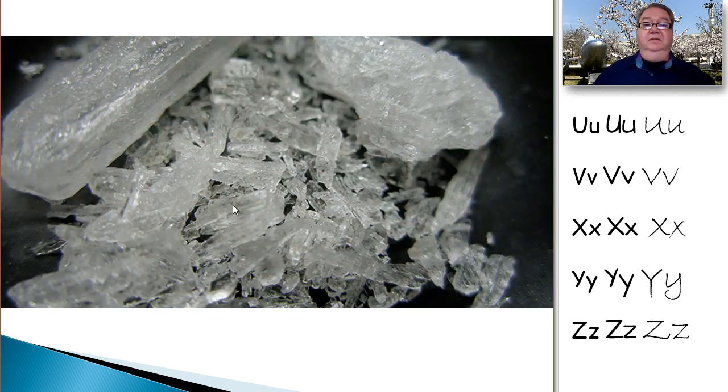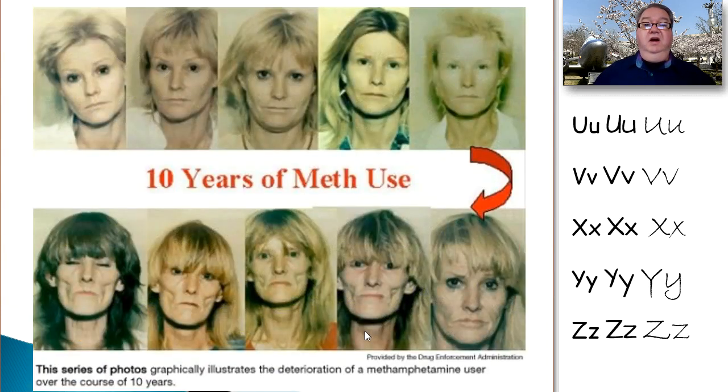And meth, so it looks like this. It's a crystallized structure. And the meth refers to, if you look down here at the bottom, that's short for methamphetamine. Methamphetamine is a drug, an illegal drug, and it is very harmful to you.